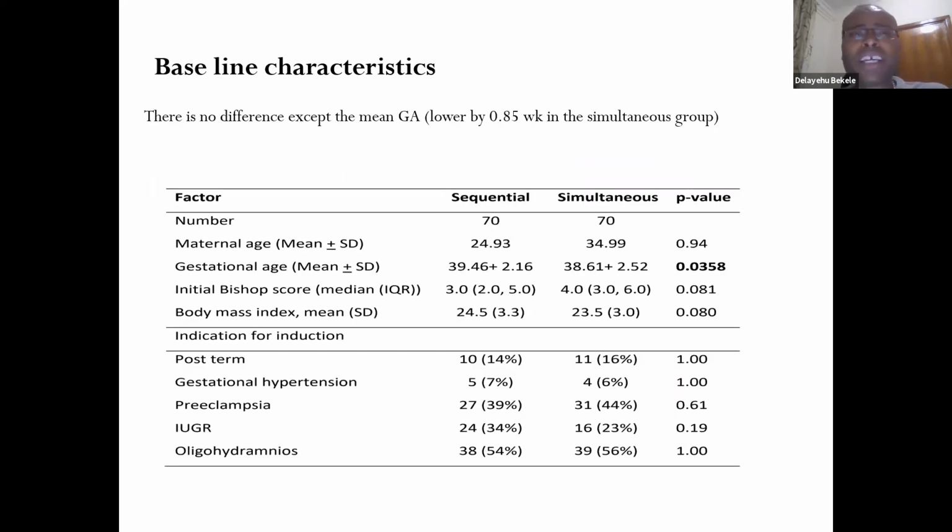Looking at the baseline characteristics, there is no difference between the two groups except mean gestational age, which was lower by 0.85 weeks in the simultaneous group. Otherwise, all the other parameters, including maternal age, initial Bishop score, body mass index, and the indication for induction of labor, were similar in the two groups.